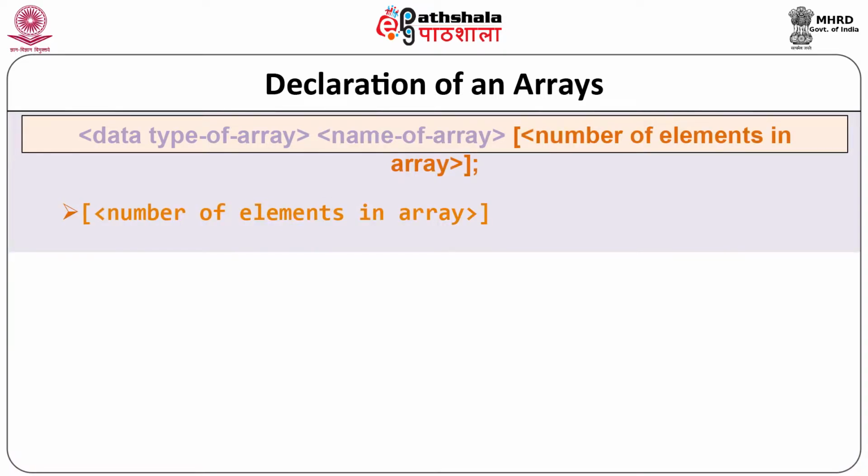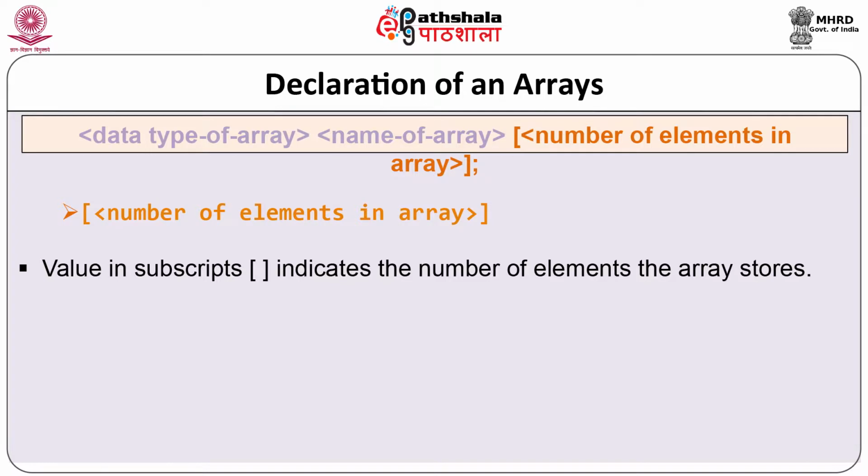Number of elements in the array: this slide explains how to enter the number of elements in the array. The subscript, that is the square brackets open and close, indicates the number of elements in the array. This way we can declare an array in the program.